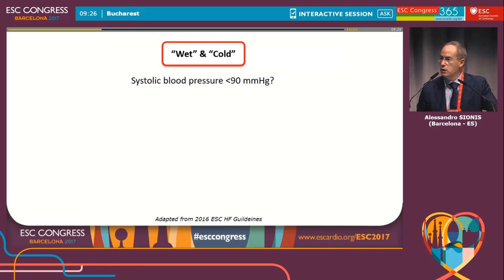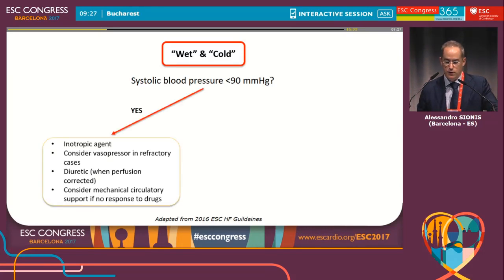And I'm also sure that you've seen patients in the emergency department that have a hypertensive acute pulmonary edema. These patients are wet and cold, but they have a systolic pressure of 250 maybe. So again, systolic blood pressure, what should the cutoff be here? It's really difficult to tell.